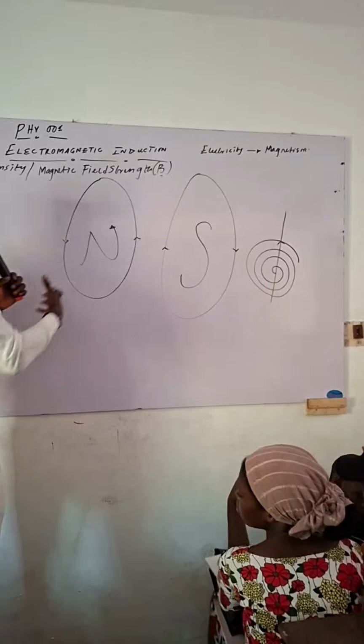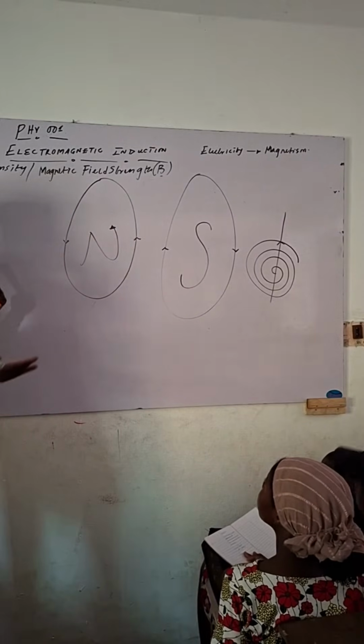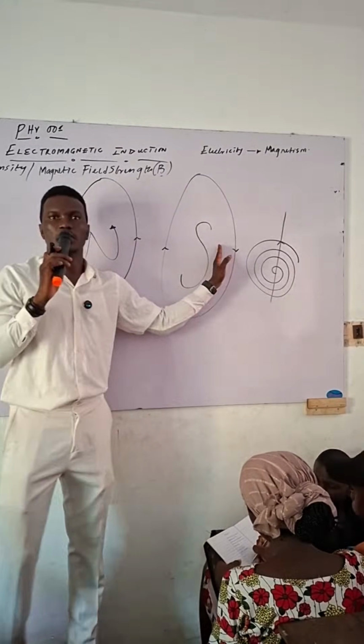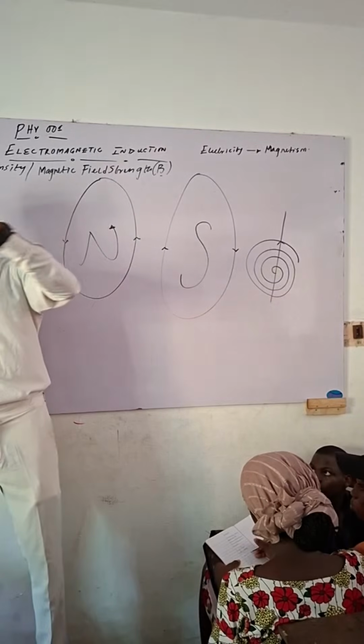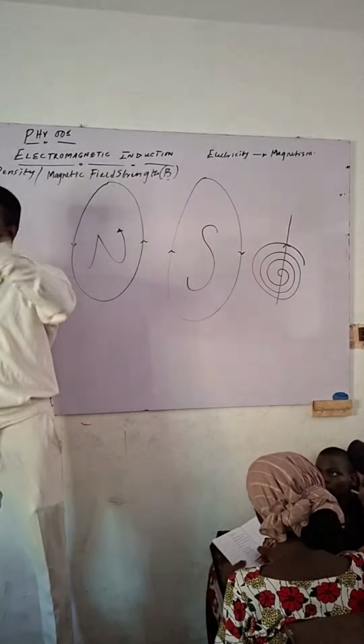Now that we have this understanding, we want to do something like the opposite. Now, current is not going to flow. I'm going to bring magnets. But that magnet that I'm bringing will generate current.